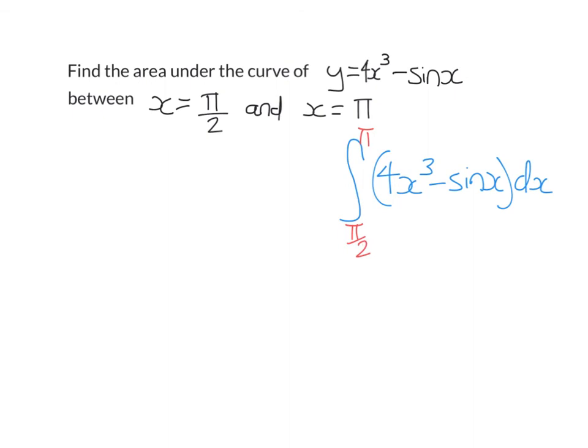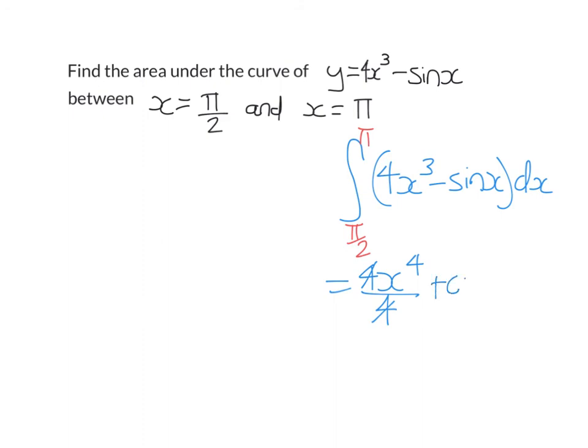So all we do is integrate, find the antiderivative. The antiderivative of 4x cubed, this is a power function, so increase the power by 1, divide by the new power, so it's just x to the power of 4. Now we integrate minus sine x. Remember, if you differentiate cos x, you get minus sine x.